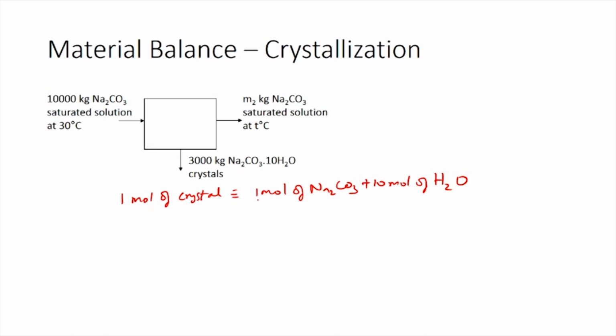So, 1 mole of Na2CO3 contains 106 grams of Na2CO3 and 180 grams of water.